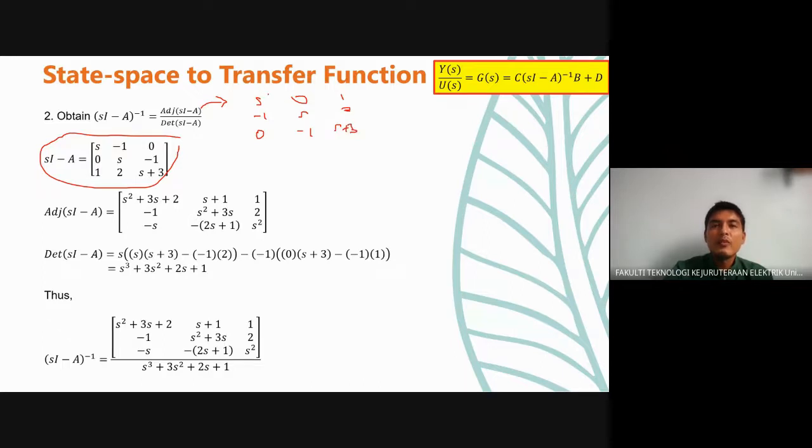Since this is the transpose, we then close off, because we just need this information here. So we close everything here, and the rest only has s, 2, -1, s plus 3.